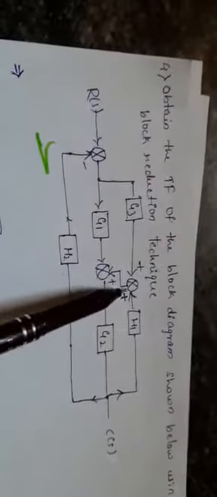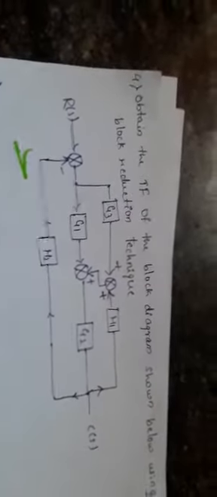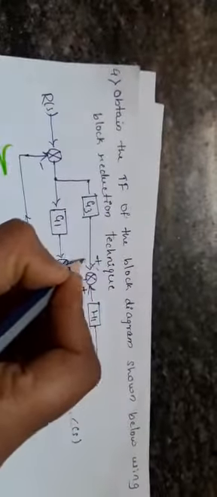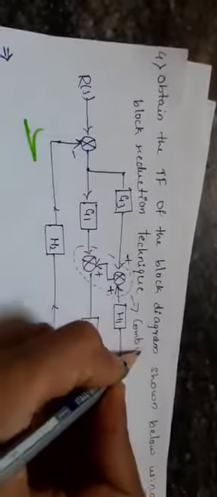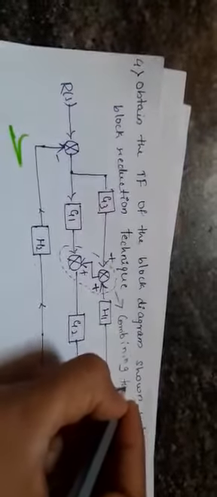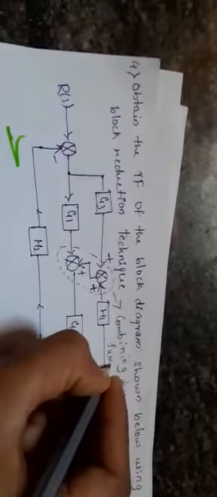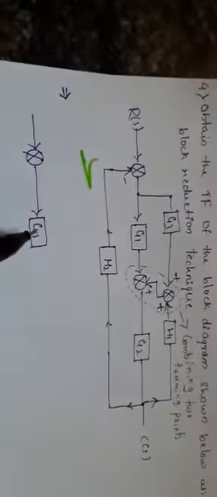Here there are two summing points. We can combine these two summing points into a single summing point. What we have to do is combine the two summing points. So now it becomes normal, as it is.